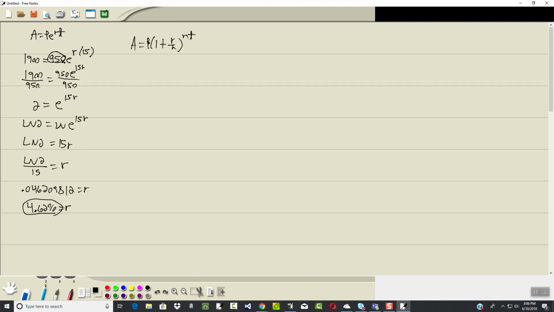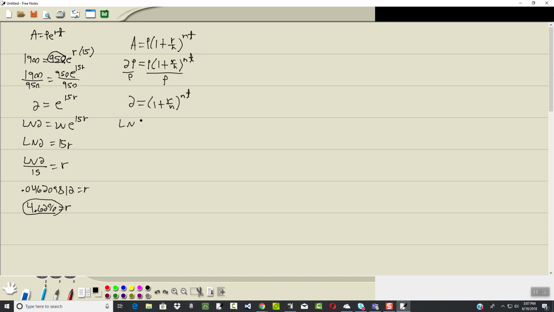Now time to double. If this is P, then this will be 2P. Because if this is 1,000, double that is 2 times 1,000. 1 plus r over n to the nt power. Now I'm going to divide both sides by P. And you get 2 is equal to 1 plus r over n to the nt power.